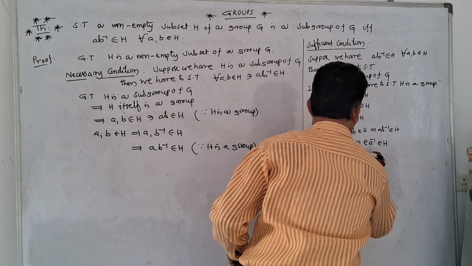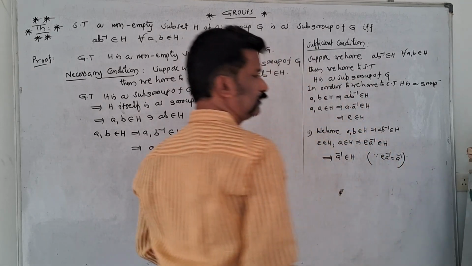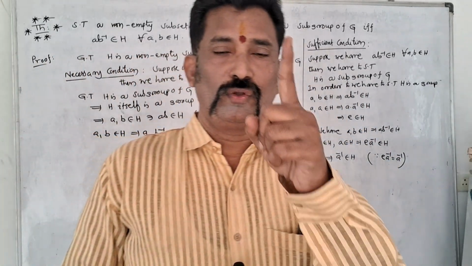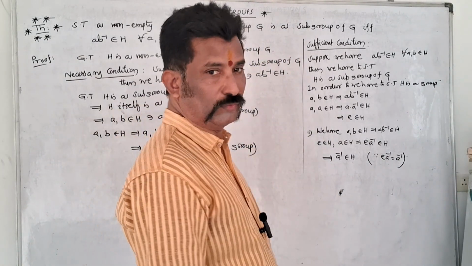So e into a inverse is equal to a inverse, which belongs to H. Suppose the multiplicative identity is 1, then 1 into a inverse is equal to a inverse. That's it. So the inverse property is over.